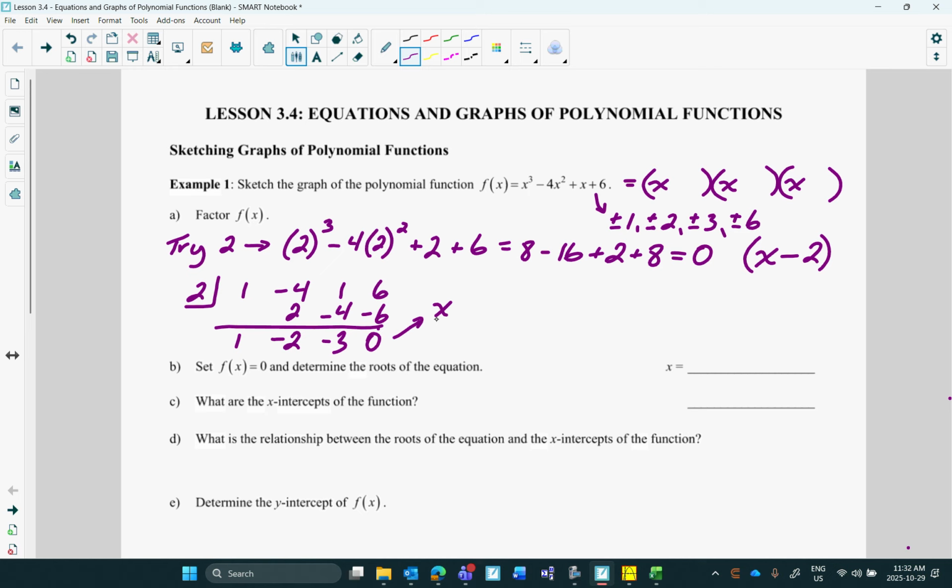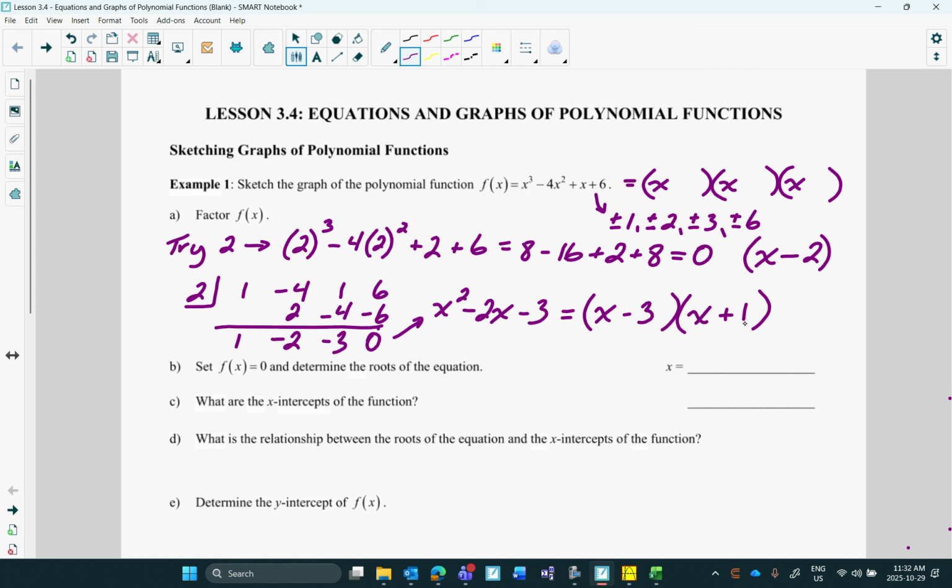The answer is x squared minus 2x minus 3, which I need to factor: x minus 3, x plus 1.